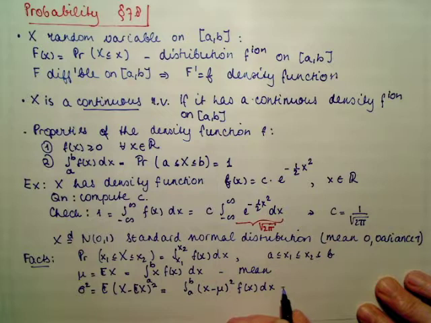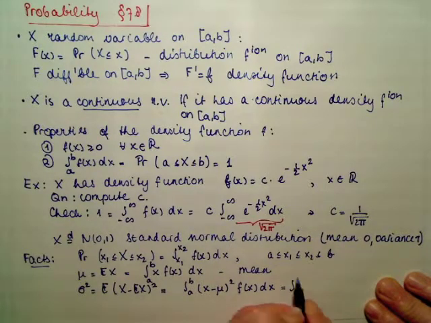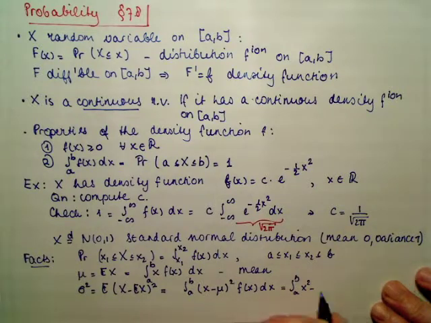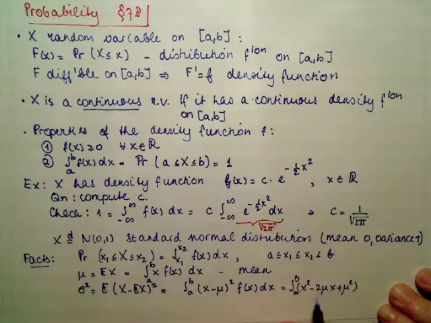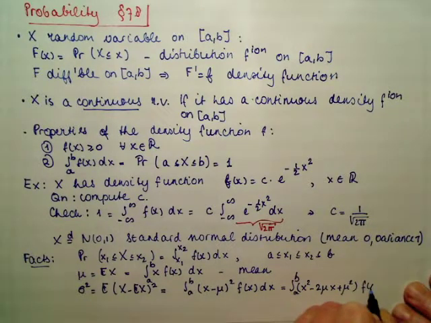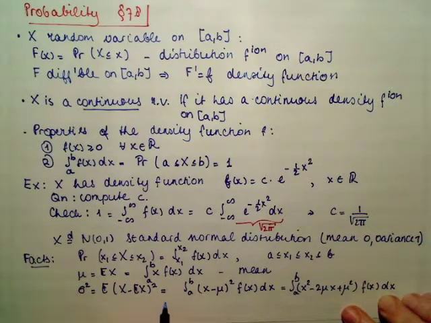We can rewrite it by deleting brackets, so we get x squared minus 2 mu x plus mu squared, and we can integrate this function with respect to the density. What we get is first the expected value of x squared.